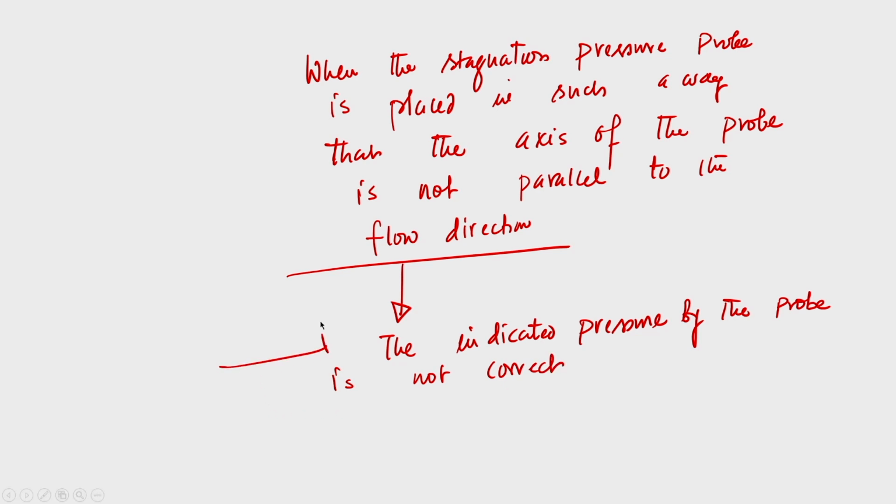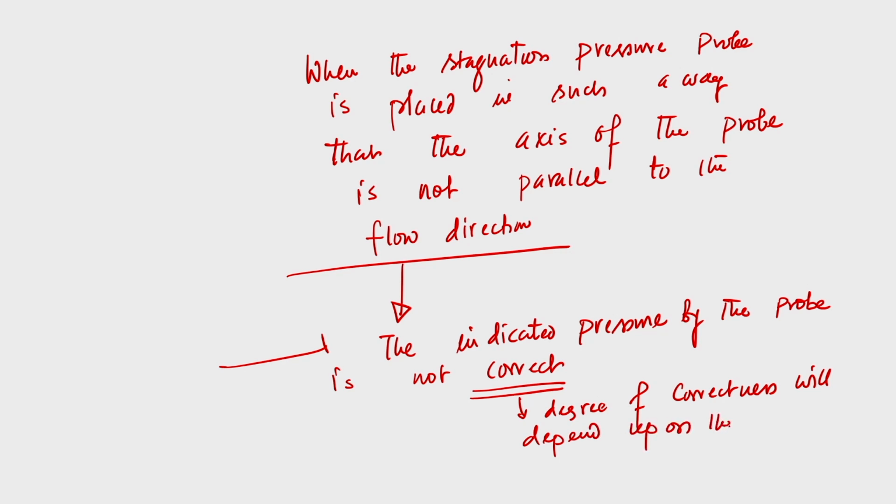Now, the degree of wrong results, rather the degree of correctness, depends upon the shape of the probe. So, not correct, and I am underlining this word correct, and the degree of correctness will depend upon the shape of the probe.